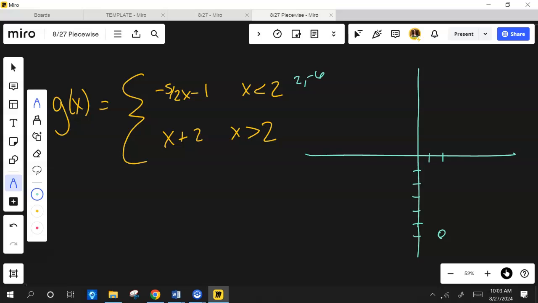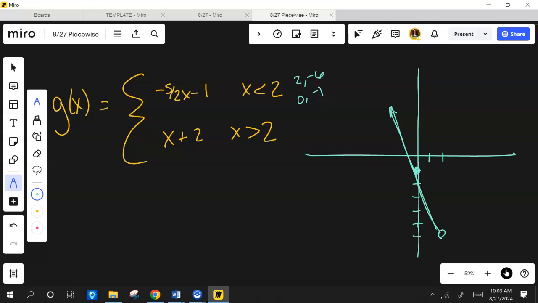Now I need less than 2. You could plug in 1, but you're going to get a decimal. I'd probably plug in 0 here and get negative 1. It doesn't matter. You just need to plug in something where you can get the feel of this graph and which direction it's going. Okay? Everybody okay there?